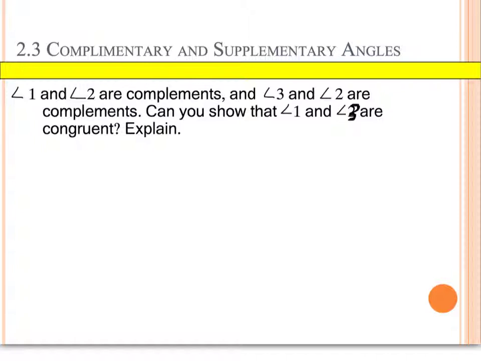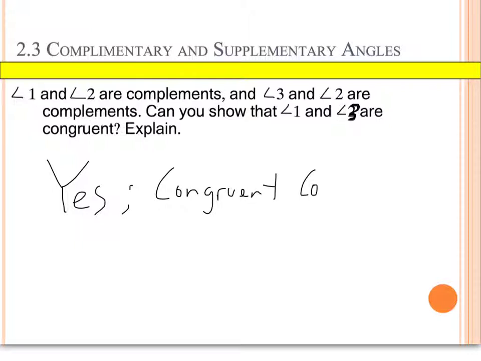Alright, so the question is, can you show that angle 1 and angle 3 are congruent? Absolutely. Yes, you can. And the reason we know that is because of that wonderful congruent complements theorem.